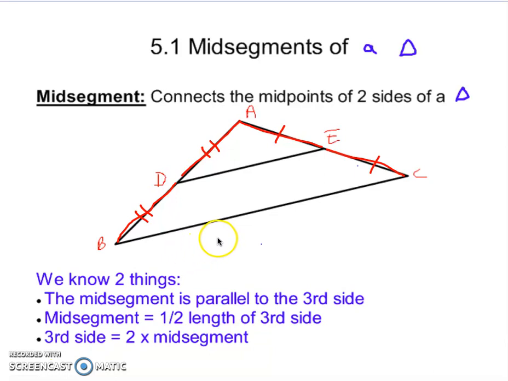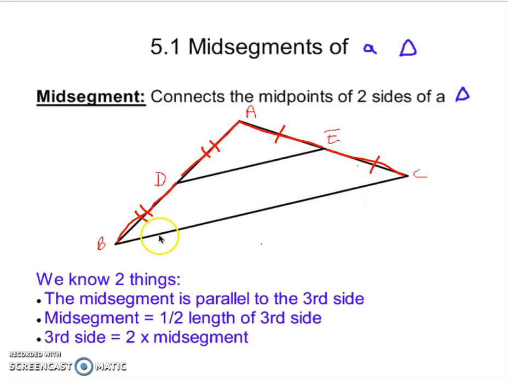We also know that the midsegment is half the length of the third side. So whatever the length of this is, it has to be half of this.